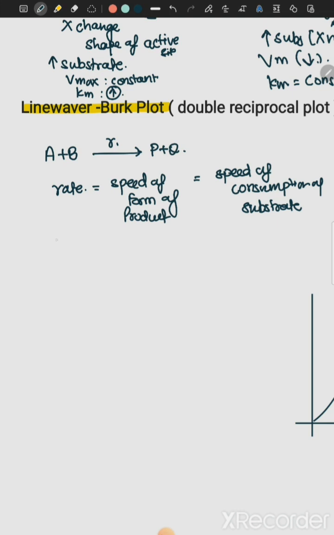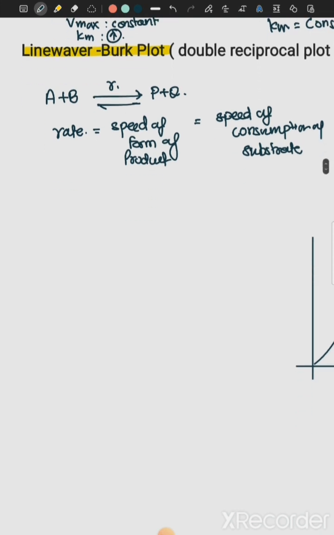Now when we talk about equilibrium, R1 is equal to R2, like PQ acts as a substrate and AB acts as a product. It's a different kind of thing which is not very important here.